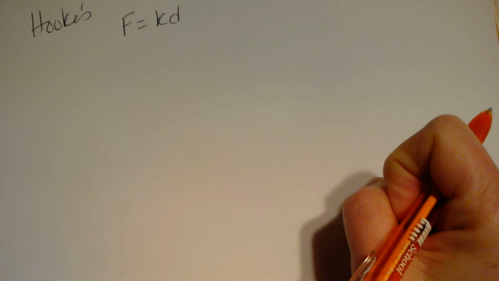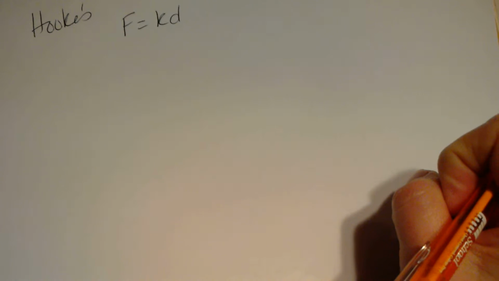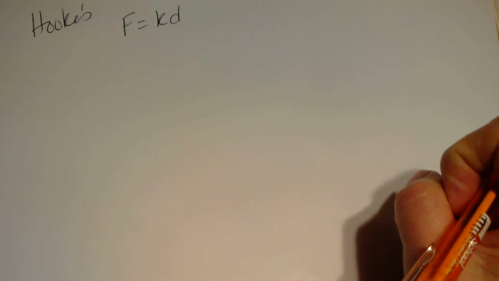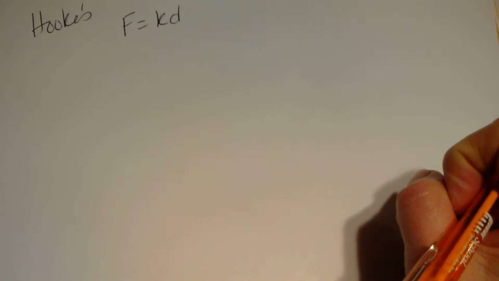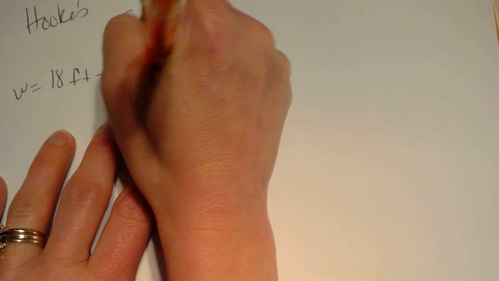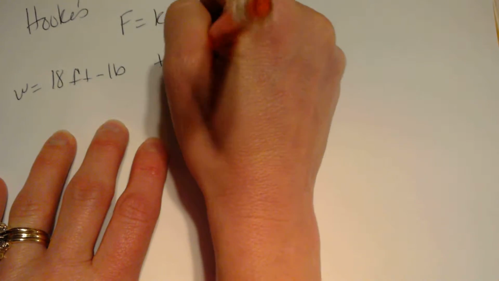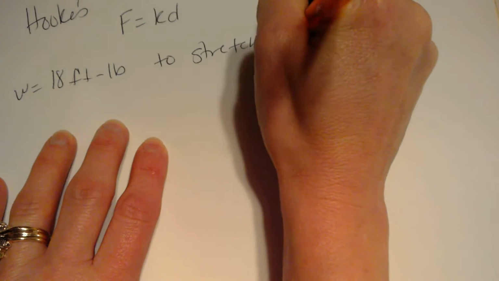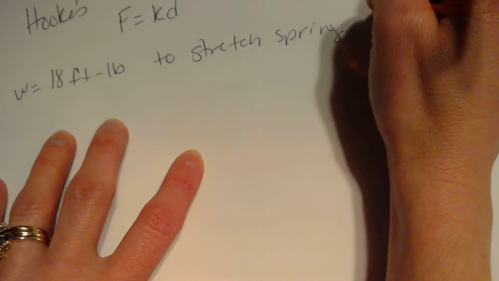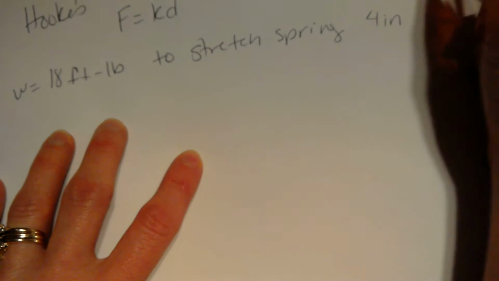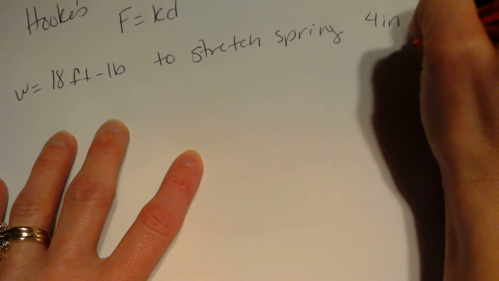So for Hooke's law, say it tells us that it's going to take 18 foot-pounds of work to stretch a spring 4 inches from its original position, or from its natural position.